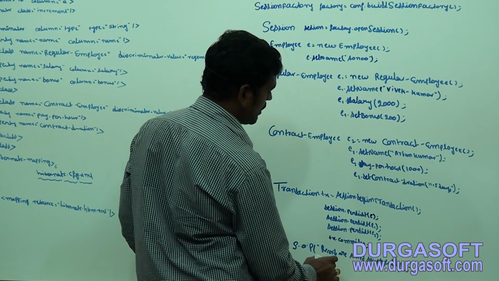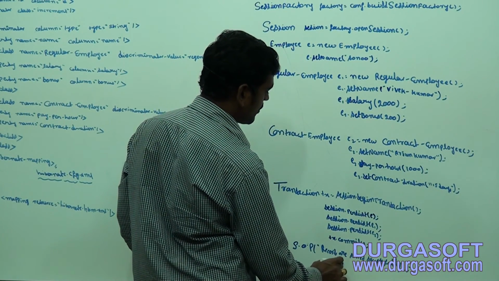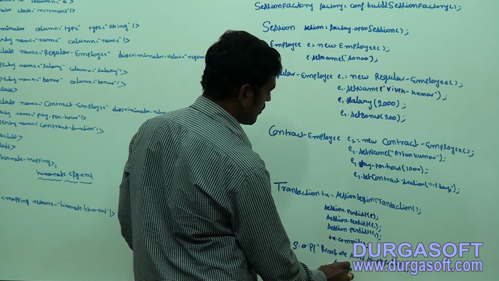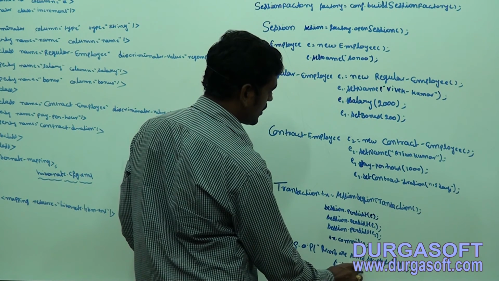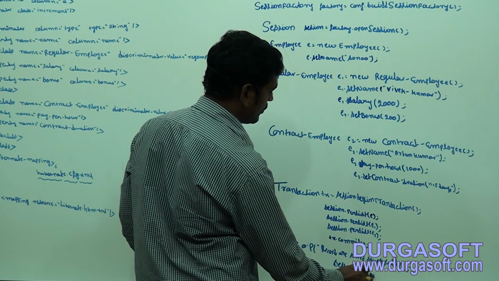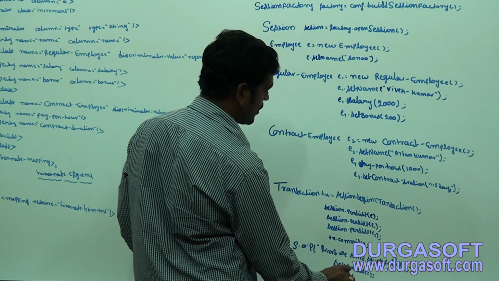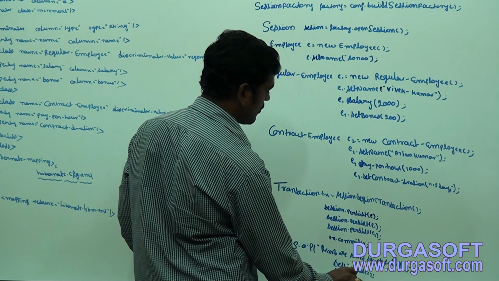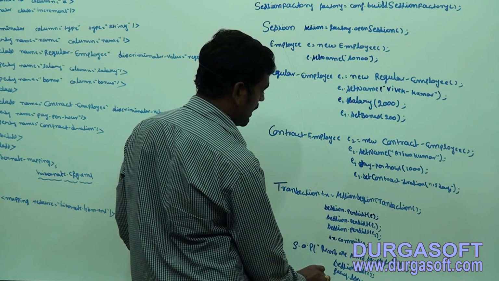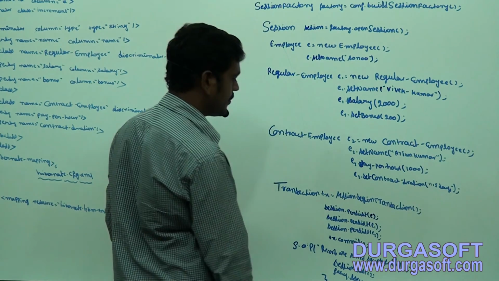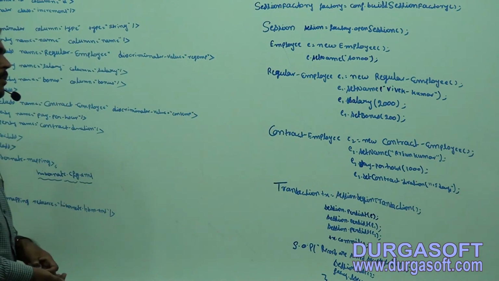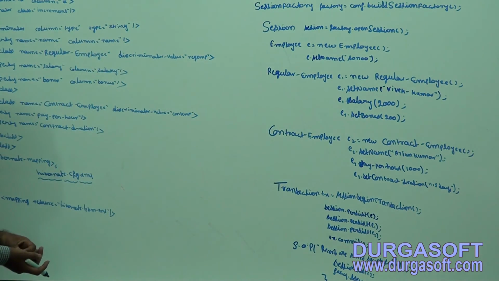The next, session.close, and then factory.close. Now close the main method, close the class.